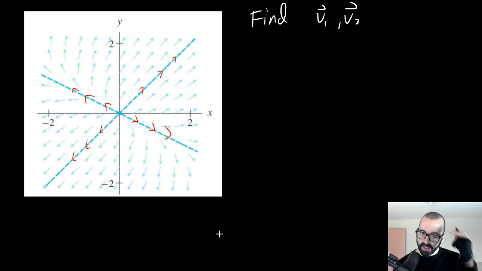How can we find the eigenvectors? Well, we know the relationship between straight line solutions and eigenvectors. The whole point of an eigenvector is that it's the direction of the straight line solution. So specifically, we could look at this vector, the vector 2, 2.